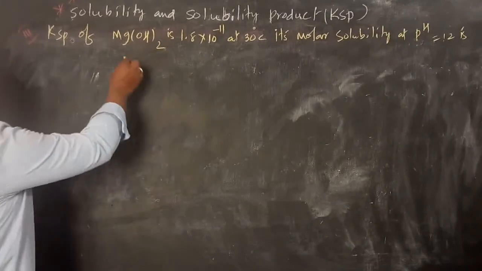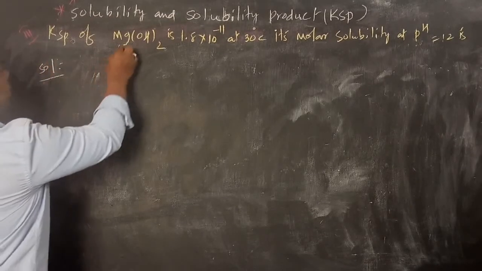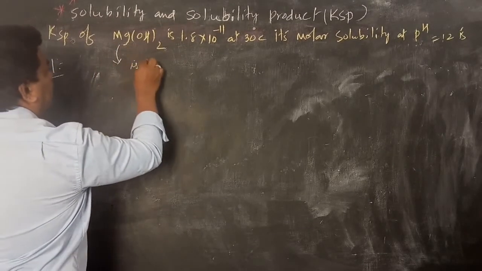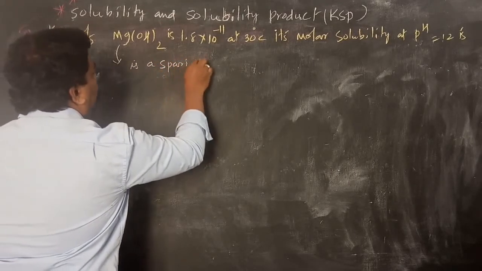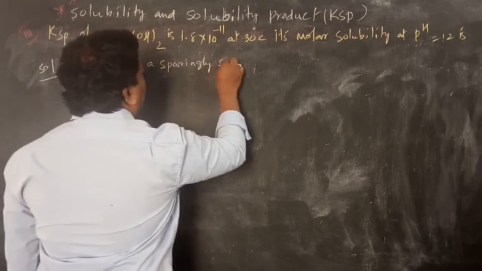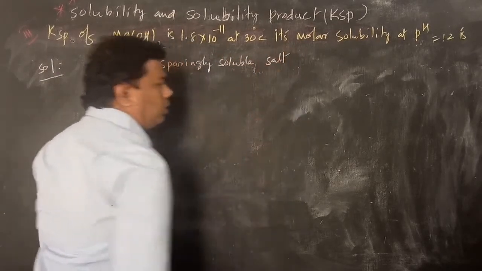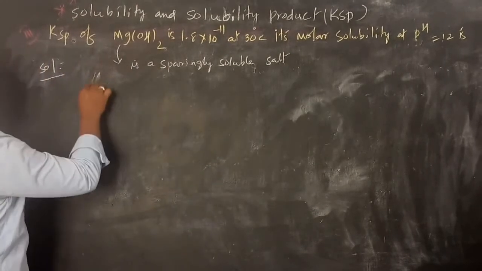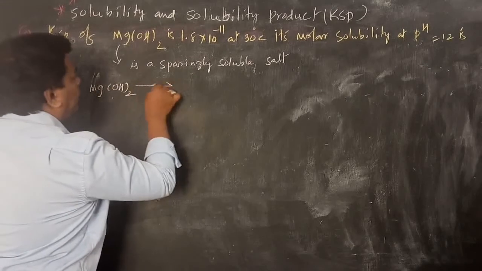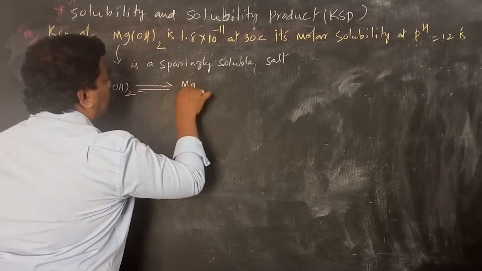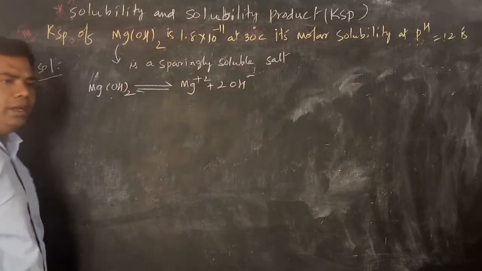Okay, so generally the solution: magnesium hydroxide is a sparingly soluble salt. Magnesium hydroxide is in equilibrium with Mg plus 2 plus 2OH minus.